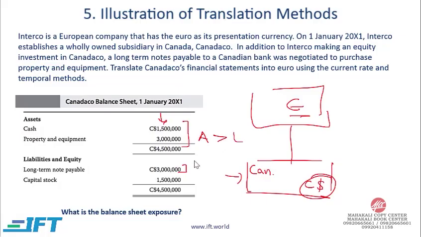So with the current rate method, we would have a net asset exposure. On the other hand, if we use the temporal method, then we would translate cash, which is our only monetary asset, and our liability, which is also monetary. So note that in this scenario, we have a net liability exposure.